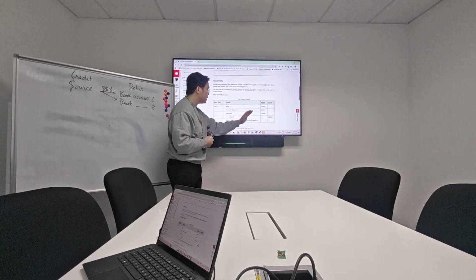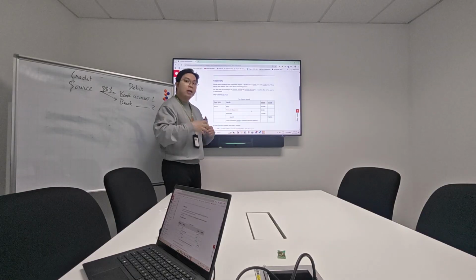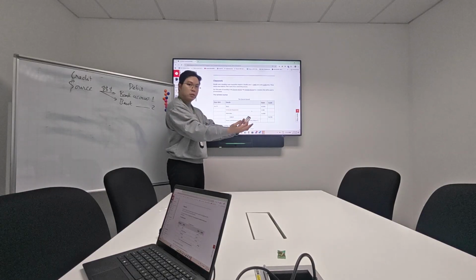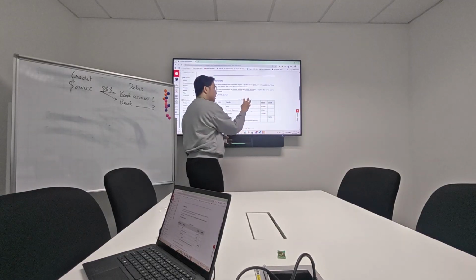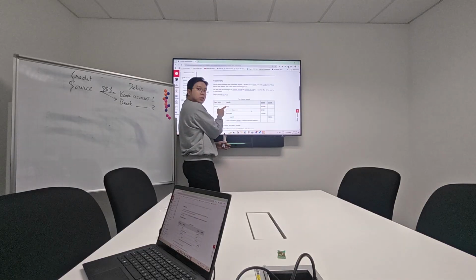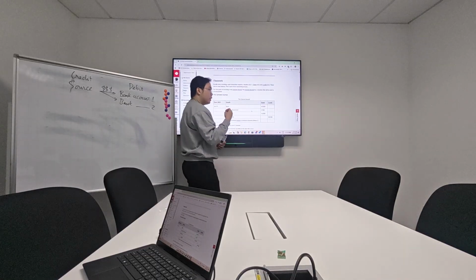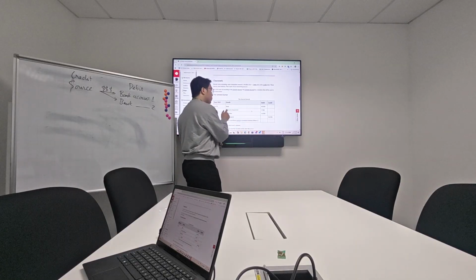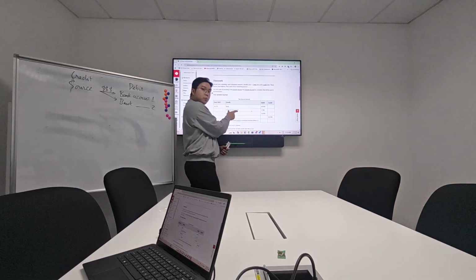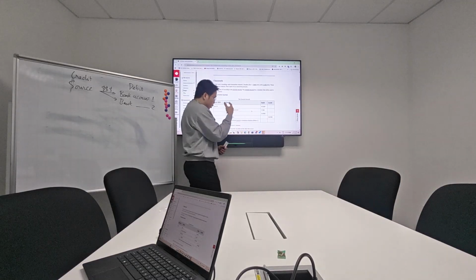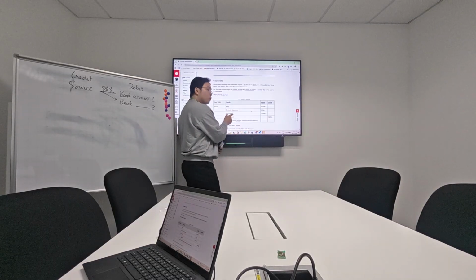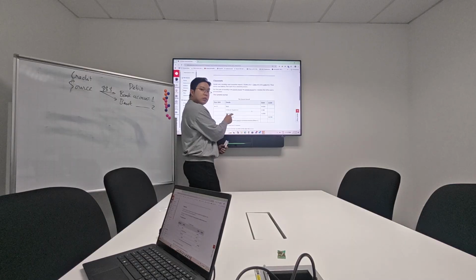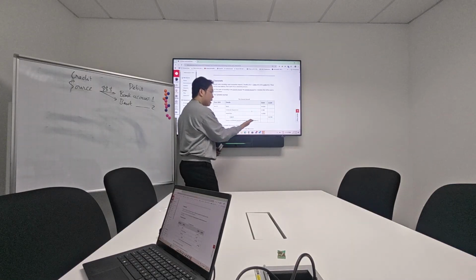So what's happening here is the owner is contributing to the business 40,000 in terms of cash. That's why it goes into cash at bank. And the owner also bought a computer for business purposes. The owner also bought the motorbike for business purposes. And that's why we have these entries.